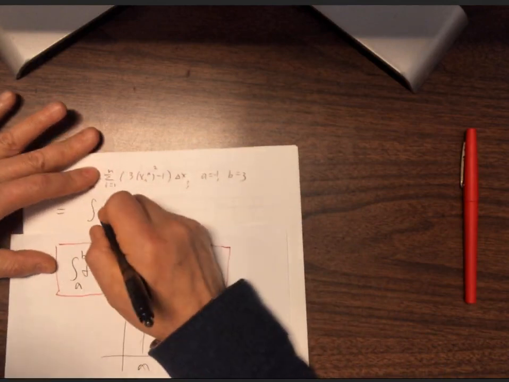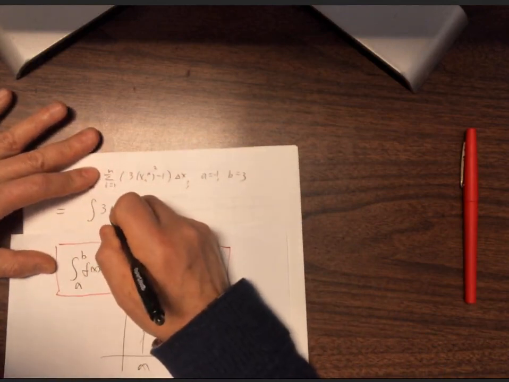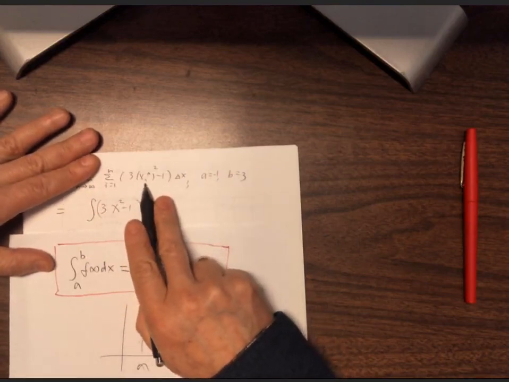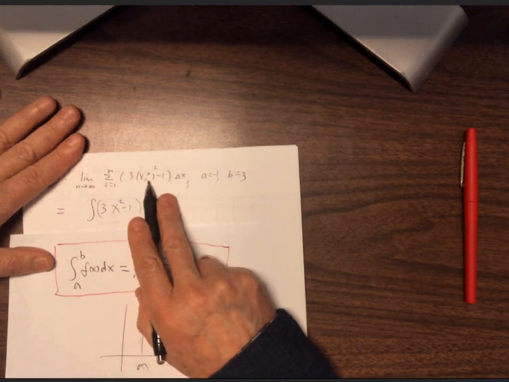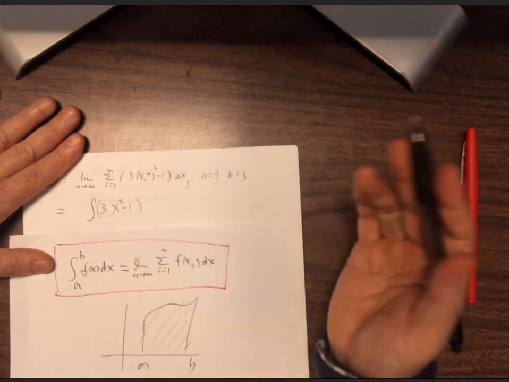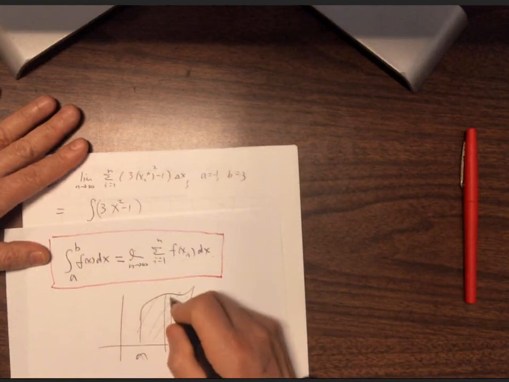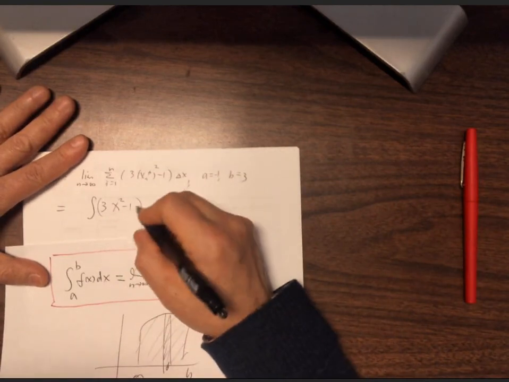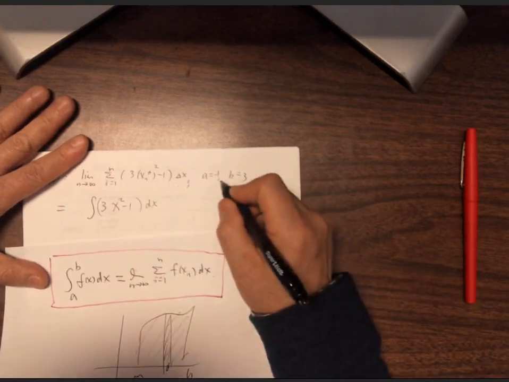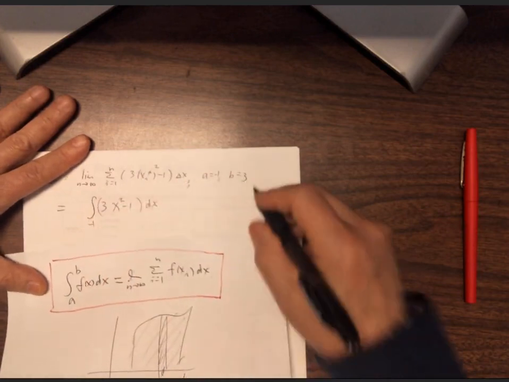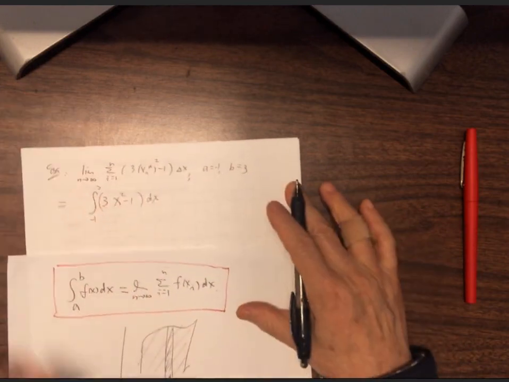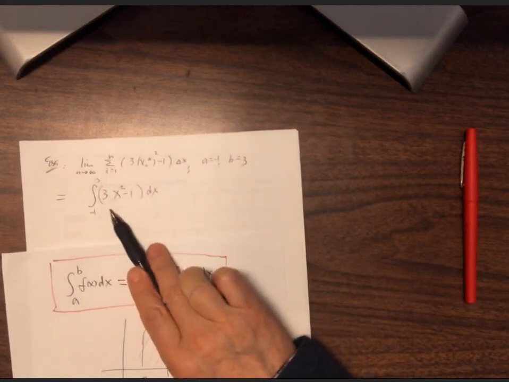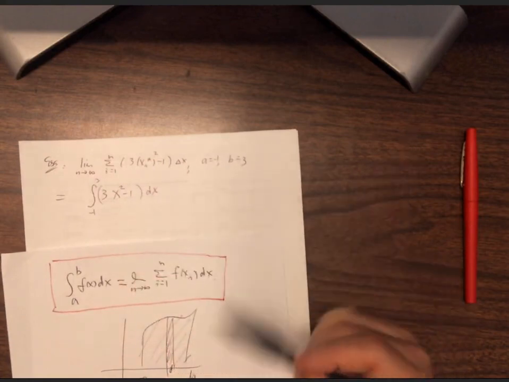This is the function, 3x squared minus 1. It doesn't matter whether you have a midpoint, right endpoint, or arbitrary point. They all turn to just x, in dx, and now we go from -1 to 3. So this is the first step, turning the limit of the Riemann sum into a definite integral expression.